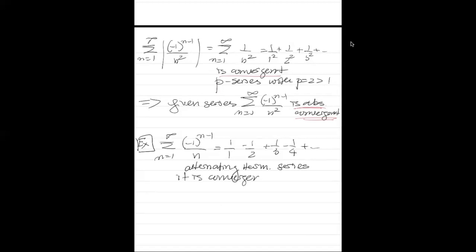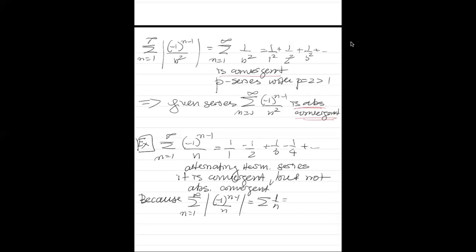We showed that earlier. It is convergent, but not absolutely convergent. So the alternating harmonic series that is given is convergent, but not absolutely convergent, because if we look at the absolute value of the terms, negative 1 to the n minus 1 over n, that would be sigma 1 over n, which is 1 over 1 plus 1/2 plus 1/3.